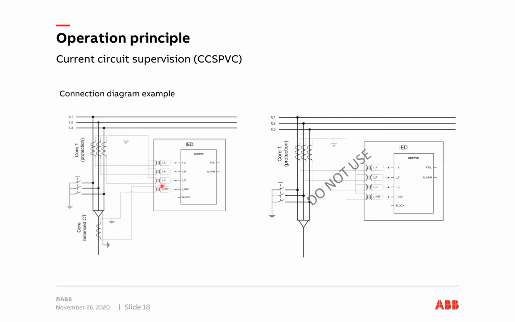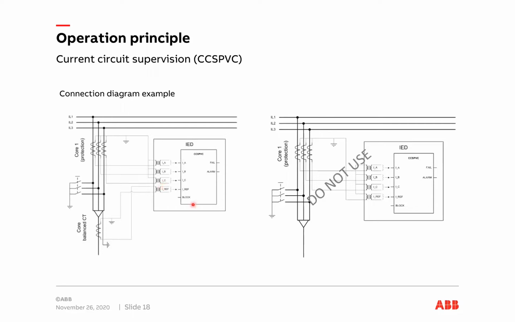But in case one phase is missing, the sum of the three phases will not be 0 anymore. So the function will measure a differential current and then issue an alarm and block or operate or whatever you have programmed the relay to do.